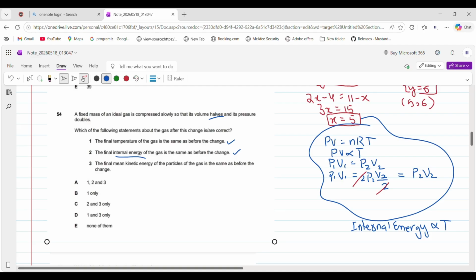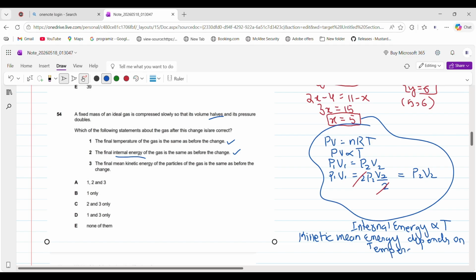Let's read the third statement. The final mean kinetic energy of the particles of the gas is the same as before the change. Now see, mean kinetic energy basically depends highly on temperature, okay?